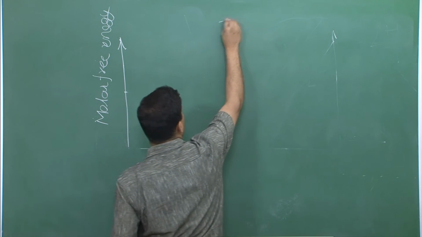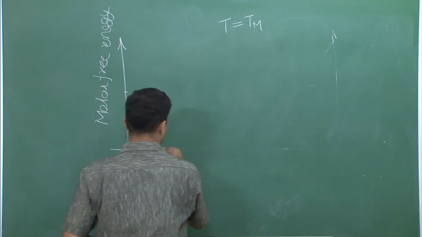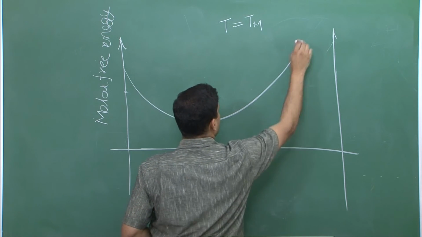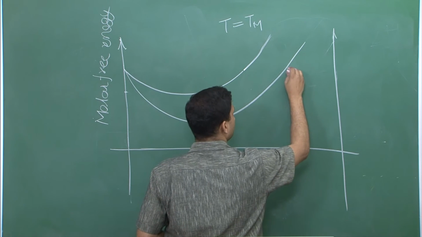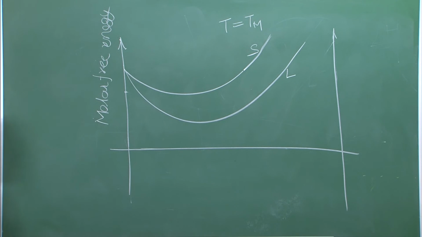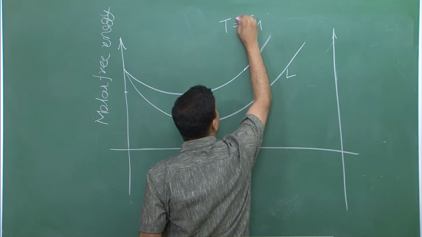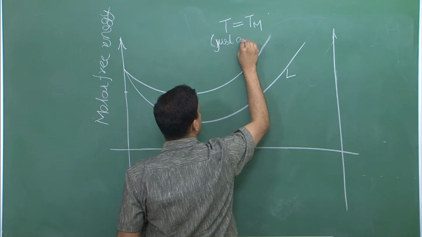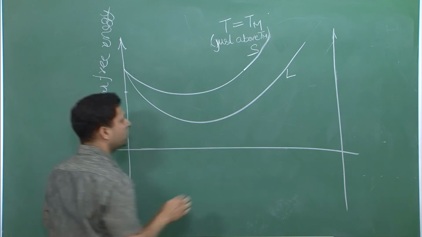So now we are drawing at T equal to Tm, or actually we are just a little above Tm, because even at Tm we will have both solid and liquid.